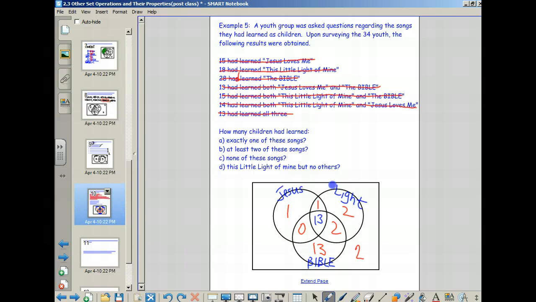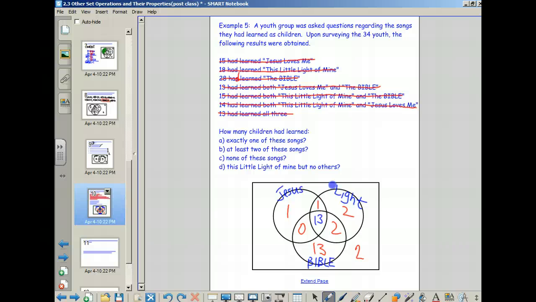So these are the children who are evidently raised, I don't know, in the Middle East or something. If you have popular culture, you typically have heard of one of these songs. But 2 of these kids have not. So they have not heard these songs before, these 2.